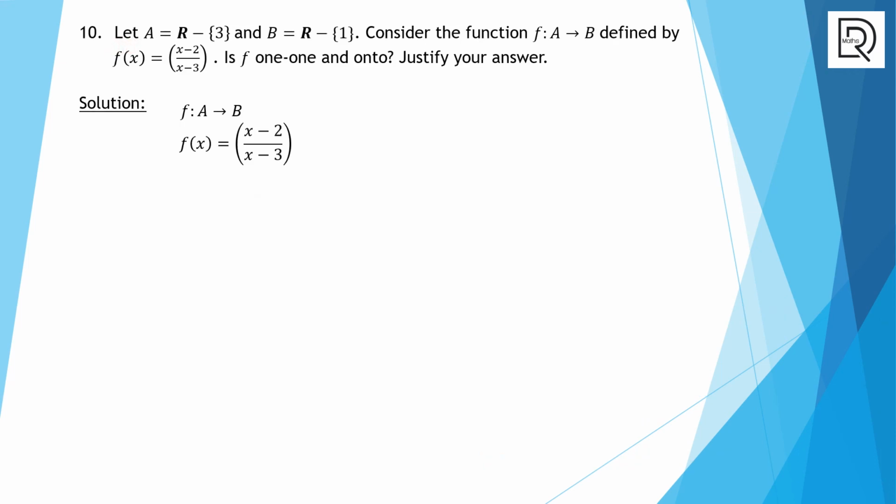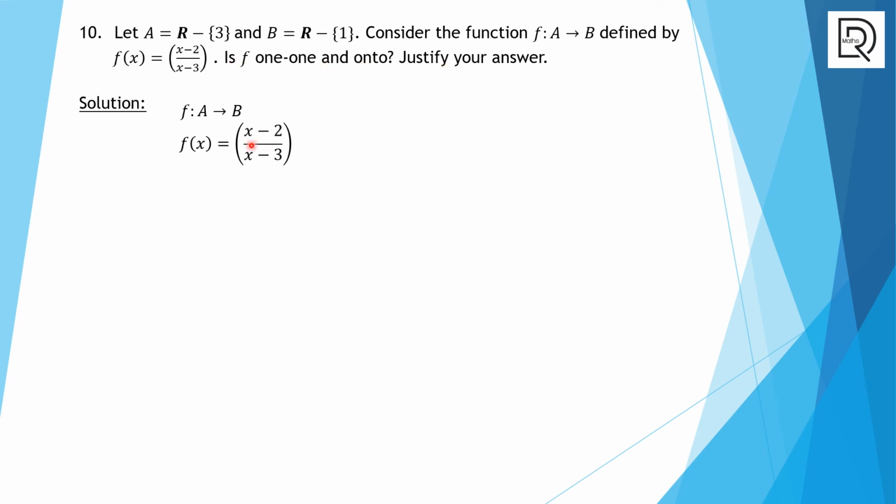Next, question number 10. Here this is our given function f from A to B, f(x) = (x - 2)/(x - 3), where set A is R minus {3} and set B is R minus {1}. Is f 1-1 and onto?